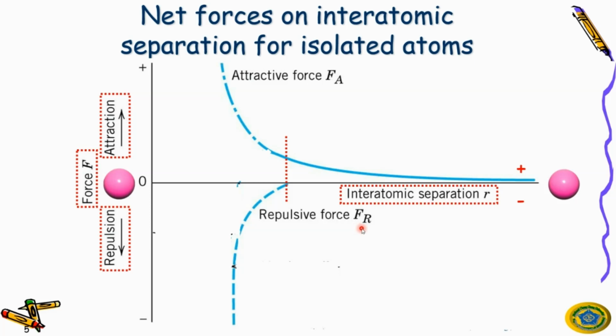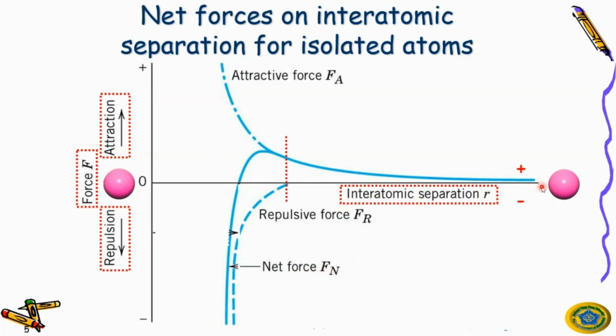And in the previous slide, we know the net force will be the attraction force plus the repulsion force, right? So if you put these two lines together, you will get a net force plot. Very easy, right? This one is called net force.